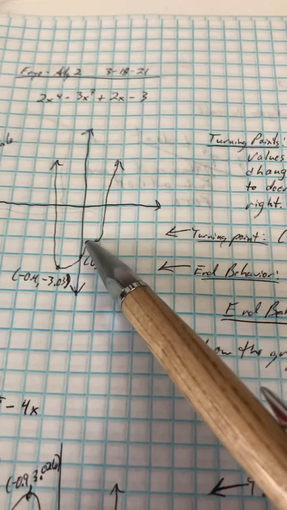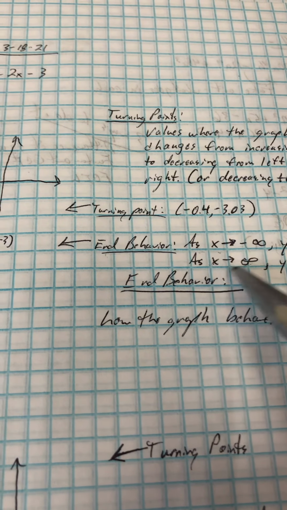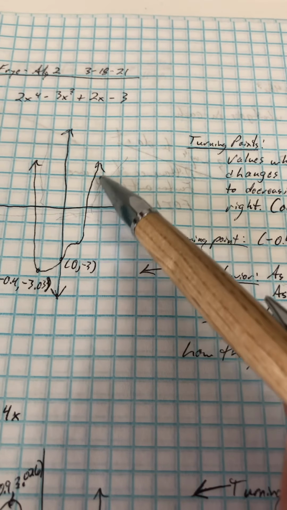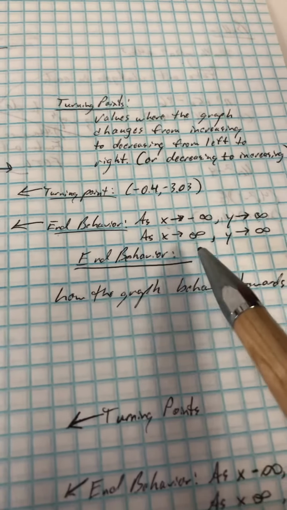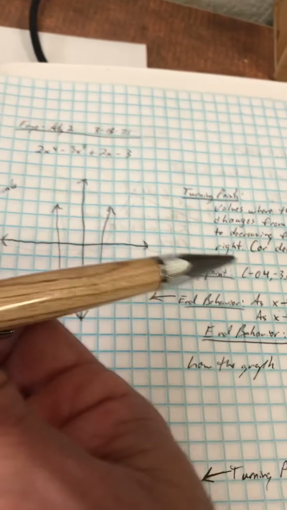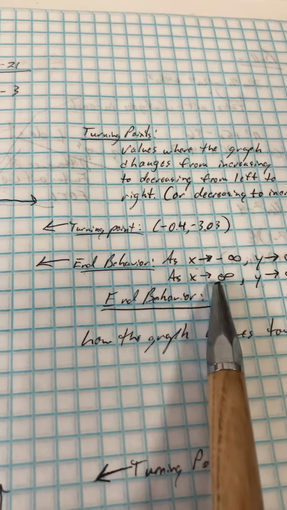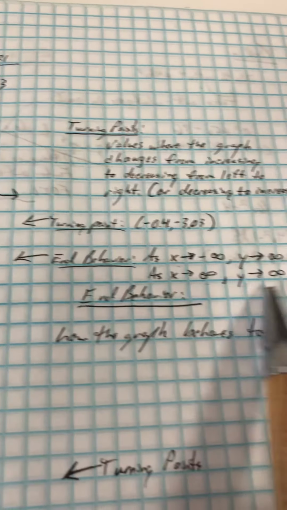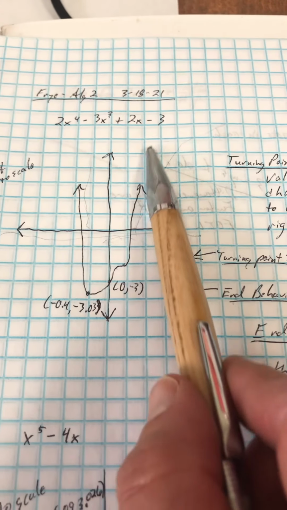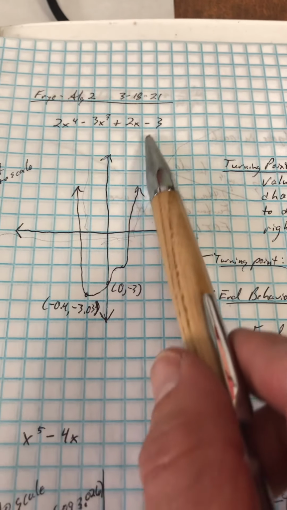And then as x went to positive infinity this way, because it keeps getting broader and broader as you go up the graph, so it's going to the right on the x-axis. So as x is going to positive infinity, what is y doing? Well, in this one, y is also going to positive infinity. It's going up and up and up.